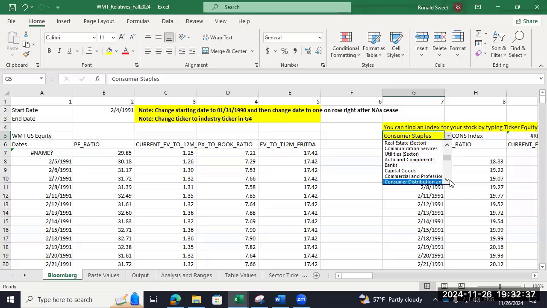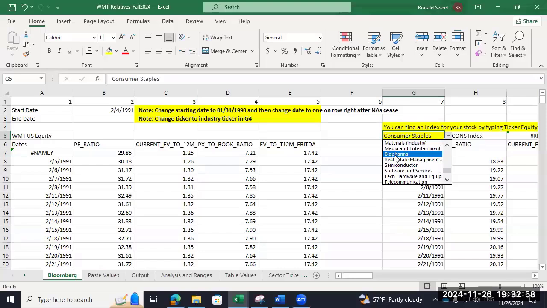So I have capital goods. You can see some of the others, food and specialty retail. Some of these you don't need because we're not doing those industries. Household and personal products might work. Materials, there was a materials sector and a materials industry, so that's probably going to help you.